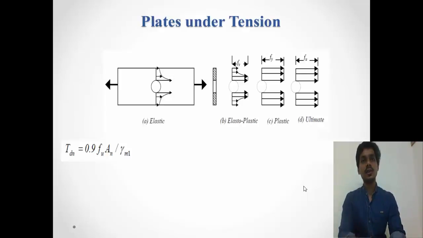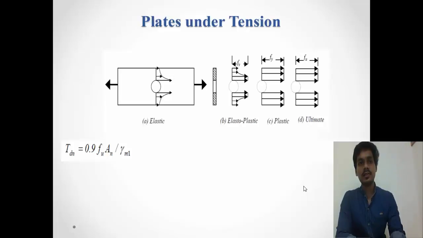In a statically loaded tension member with a hole, the point adjacent to the hole reaches the yield stress Fy first. On further loading, the stress at that point remains constant at the yield strength and the section plastifies progressively away from the hole, as shown in figure 4b, until the entire net section at the hole reaches the yield stress Fy, as shown in figure 4c.